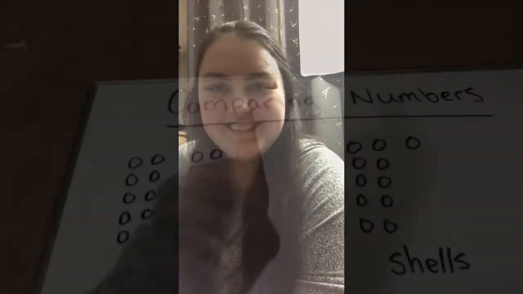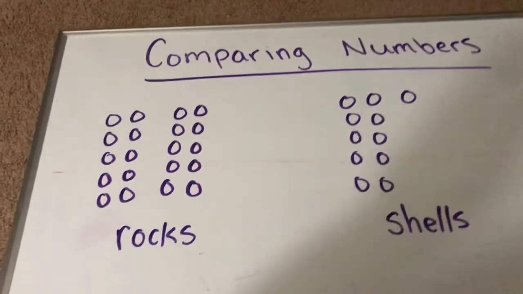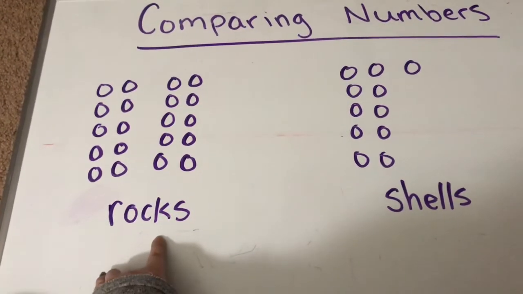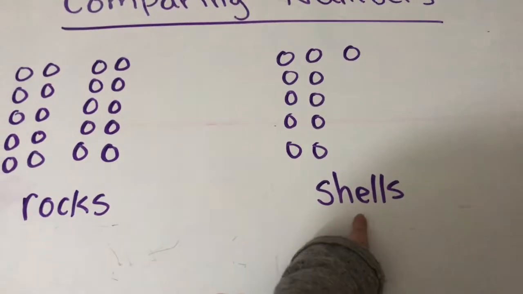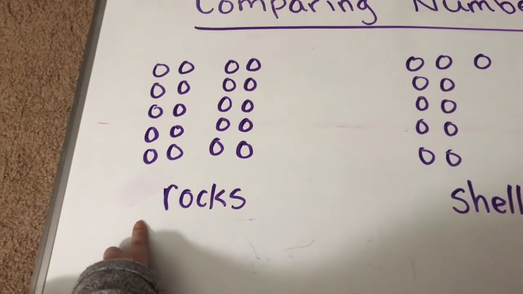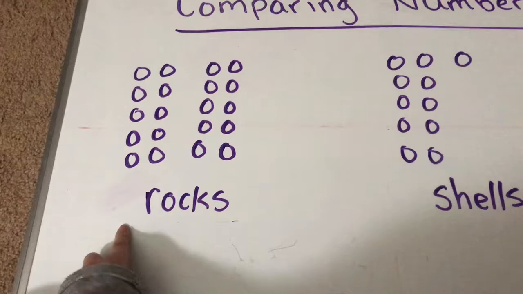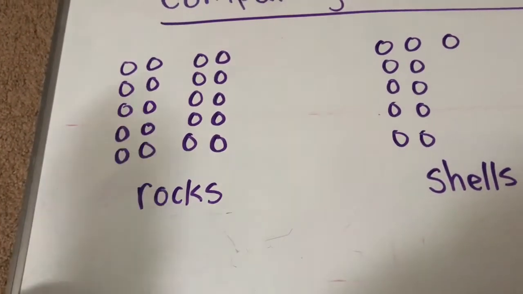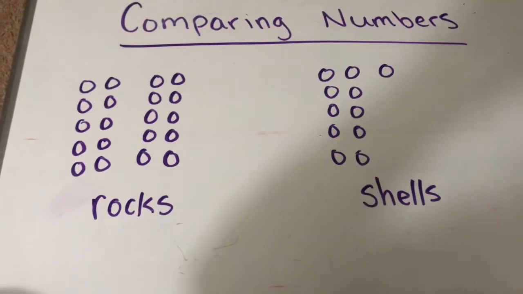Let's compare those numbers and look at my whiteboard. Top it says comparing numbers. This says rocks and shells. Miss Shelby had 20 rocks. How do you write the number 20?